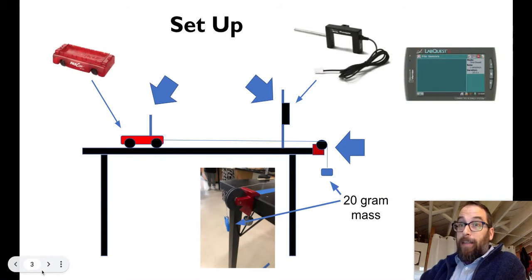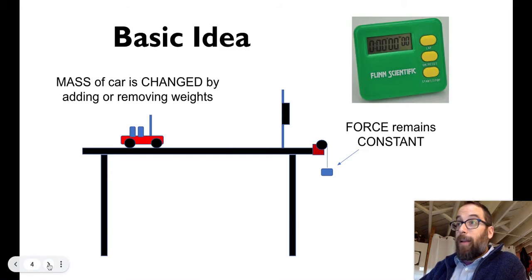So the basic idea here is this. If we got a constant force, we're going to need to change the mass of the car, and we're going to do that by adding or removing weights or masses to the car.